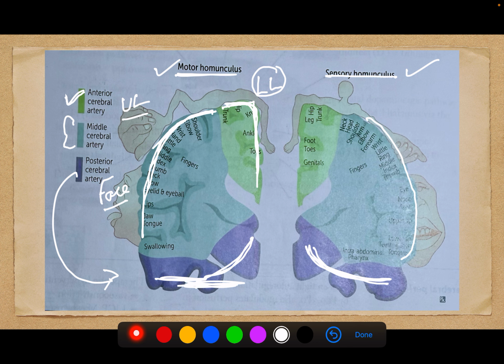Why the macular sparing? Because the part represented in the macula has a dual blood supply. If there is a lesion in the posterior cerebral artery, the middle cerebral artery blood supply is intact, so there will be macular sparing. So it's very simple for the posterior cerebral artery, but with respect to the anterior and middle, we will discuss in coming slides.